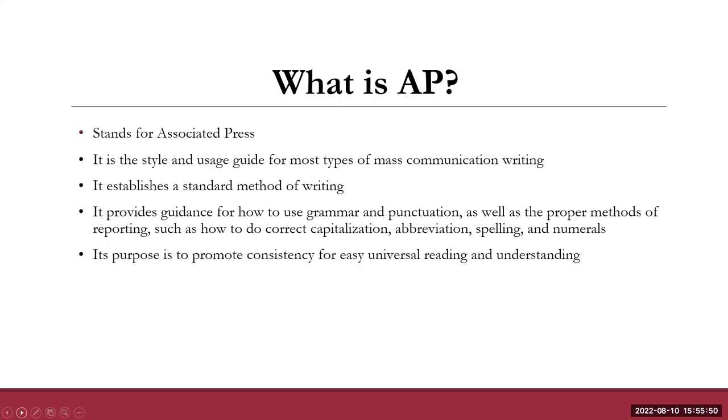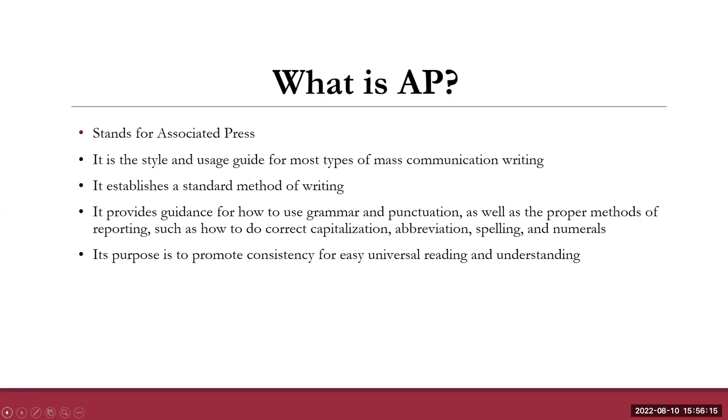So what is AP? AP stands for Associated Press. This is the style of formatting that is used in journalism, news writing, and magazines. AP style dictates rules for grammar, punctuation, and specific formatting for dates and numbers and titles and other things.